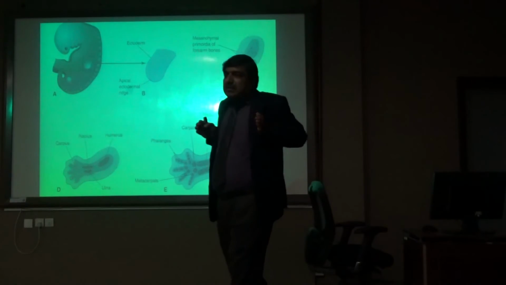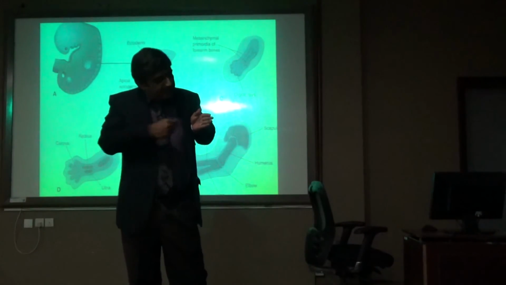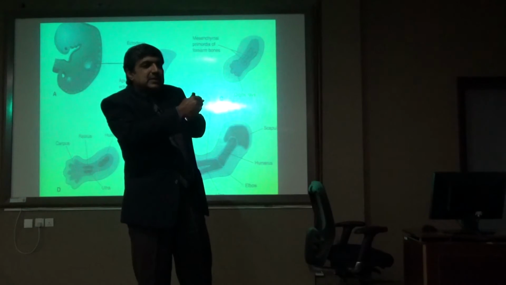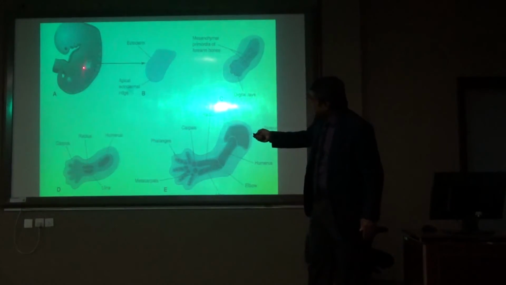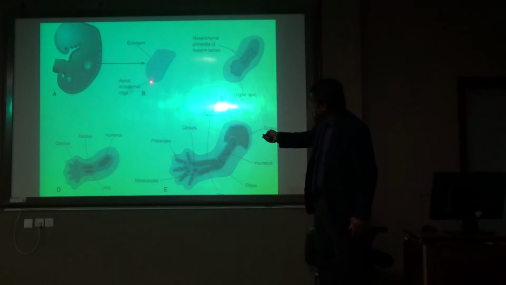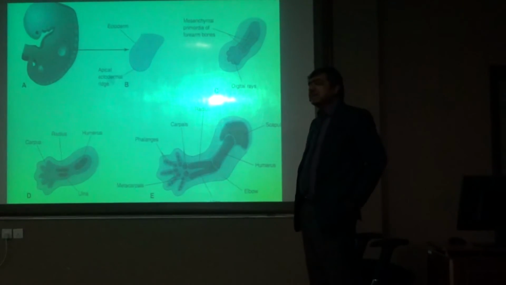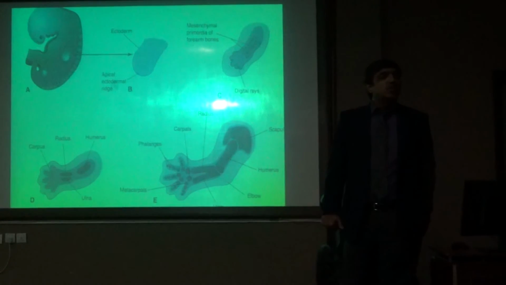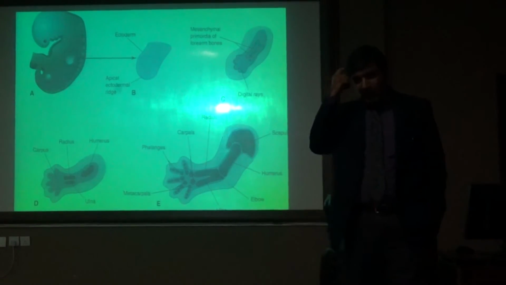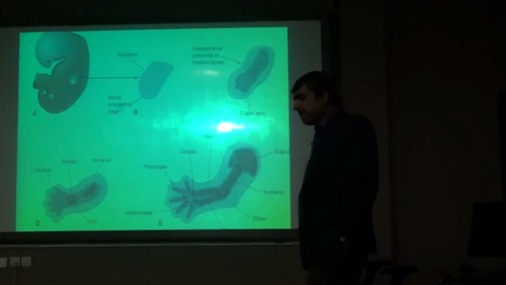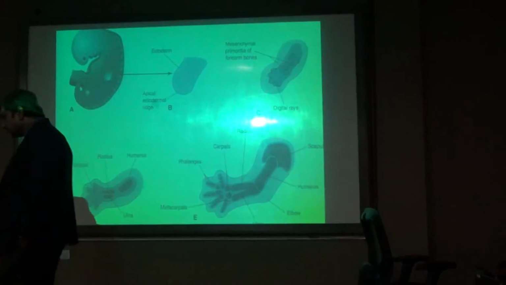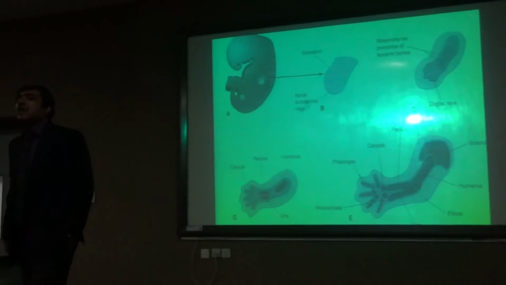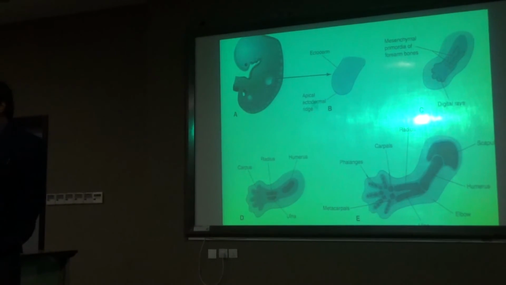This area of the bud is known as the apical ectodermal ridge. What do we call it? Apical ectodermal ridge. In the developing embryo, this is very important.